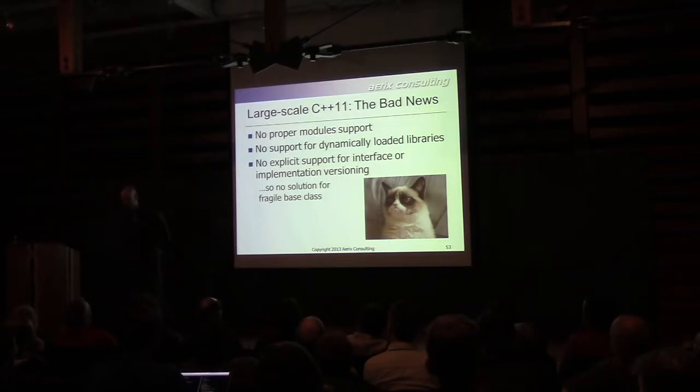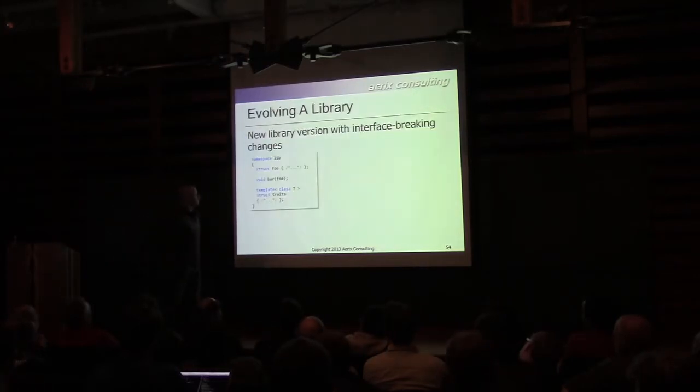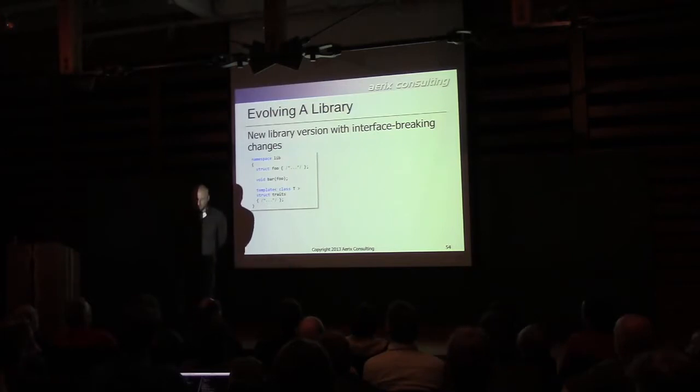So you might wonder, what am I going to say about C++11 and modules? Not much. But there are a few things that we could say. We did get a little bit. So let's talk about library versioning, when you want to make some interface-breaking changes to your library.